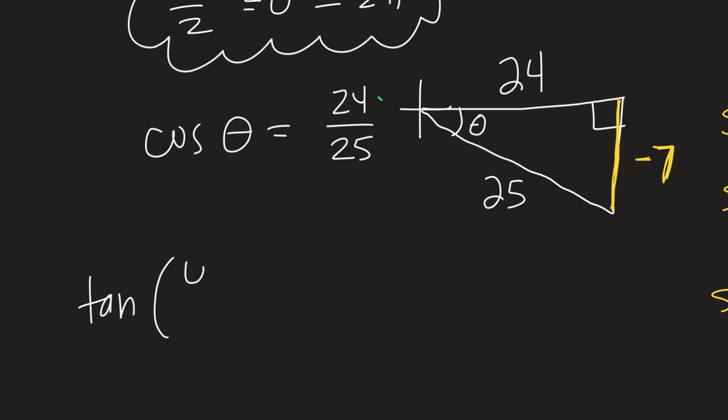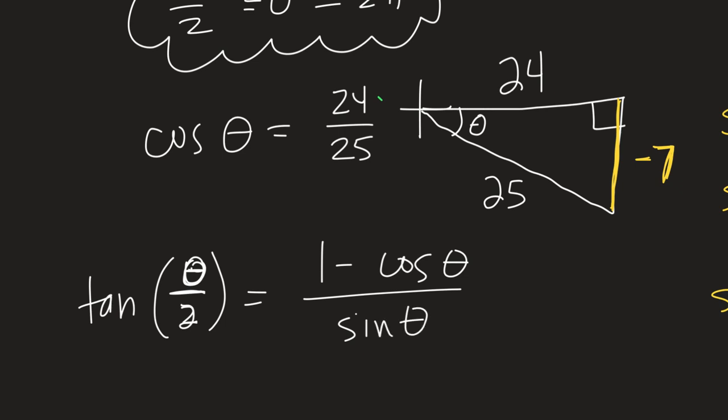So let's just do, for fun, the tangent half angle. Okay, so this is a formula. There's a formula for this. And the formula I'm going to use is 1 minus cosine of the angle divided by the sine of the angle. Okay? So this cosine comes from my triangle, right? Cosine is a ratio of the x value to your hypotenuse.